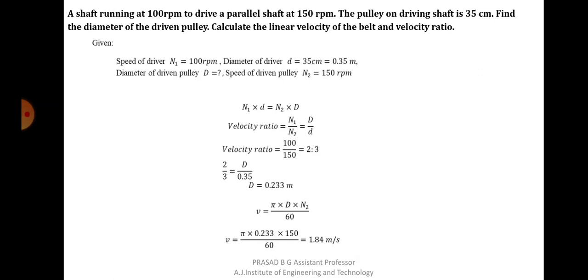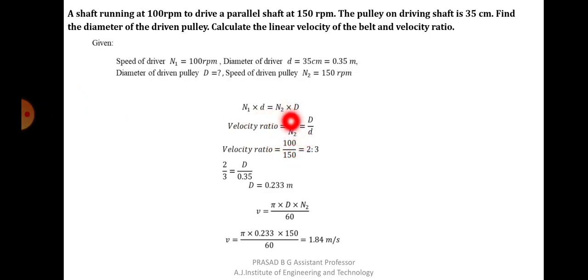So first we will find the velocity ratio. Velocity ratio is equal to n1 by n2, so 100 by 150 will be in the ratio 2:3 or 2 by 3. Taking that formula into consideration, we can also find D, because 2 by 3 is equal to D by 0.35.